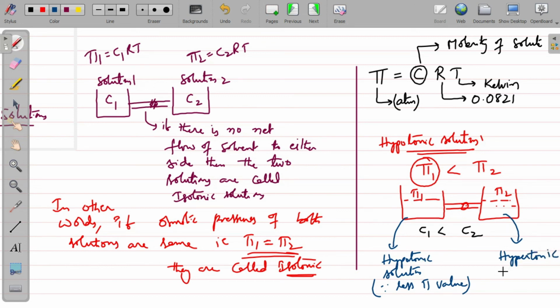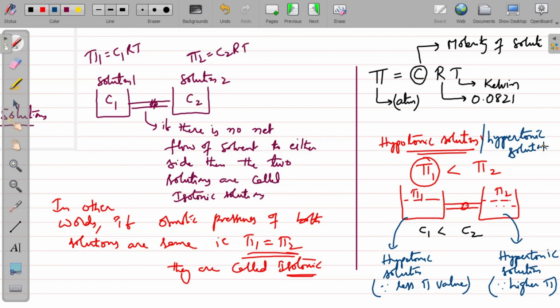Hypotonic, hypertonic. So this is the difference between them.